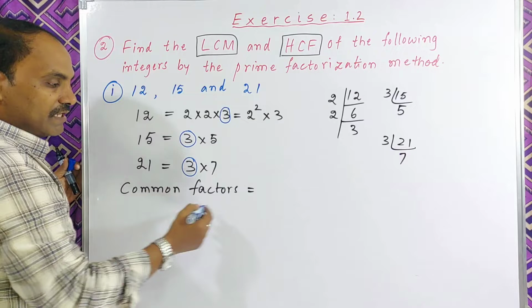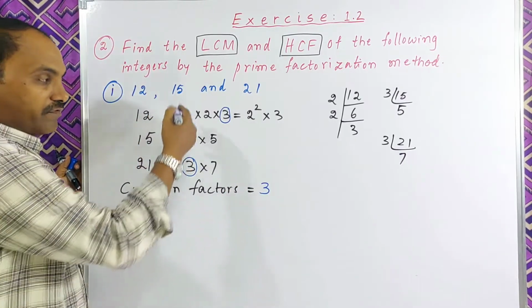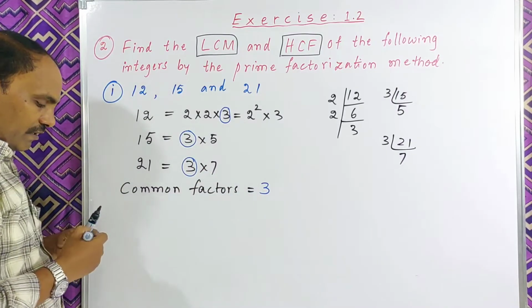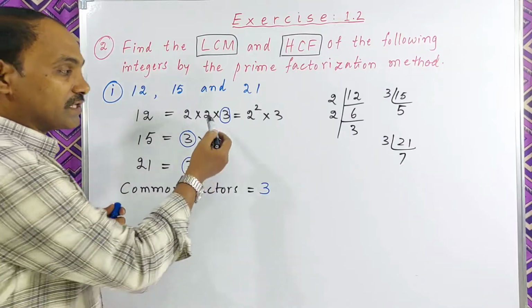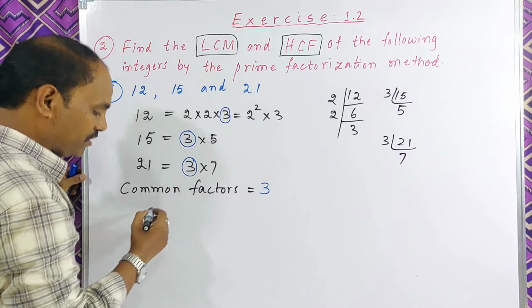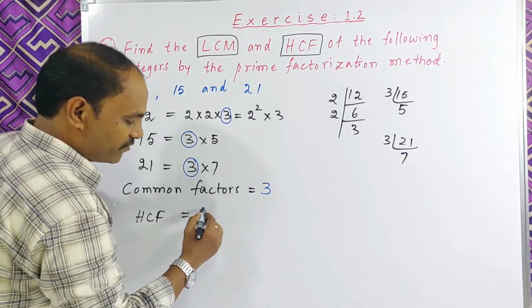So 3 is the common factor. Only one factor is there. If another factor were there, you should write that also. The product of common factors is the HCF, highest common factor. So HCF is equal to 3 only.